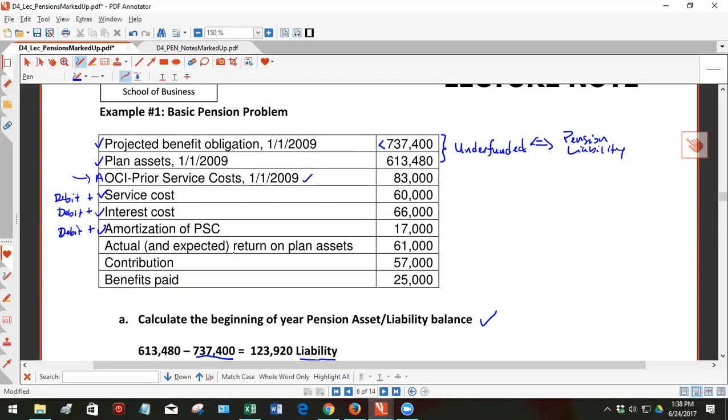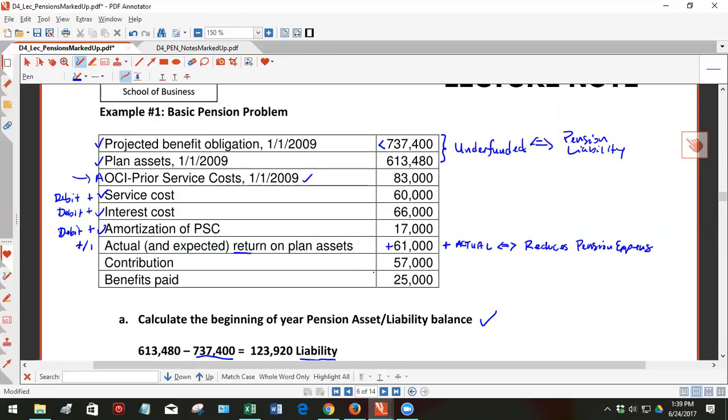The actual return, which happens to be the expected, you'll see why, this is just a basic problem, makes it a little bit easier to start with. This could be plus or minus, so it could be a debit or a credit. So a positive actual return reduces pension expense. And this one is a positive, okay?